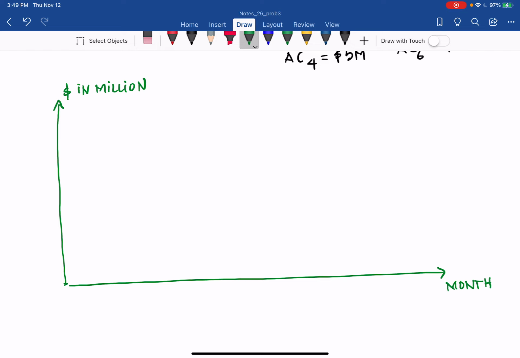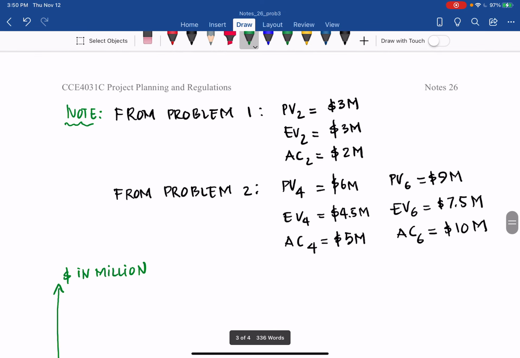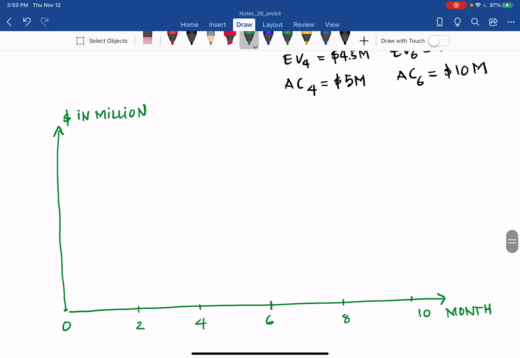The project runs to month 9.6, so about 10, and we mark 2, 4, 6, 8. And the estimate at completion is 16 million. So we have 16 as the maximum.